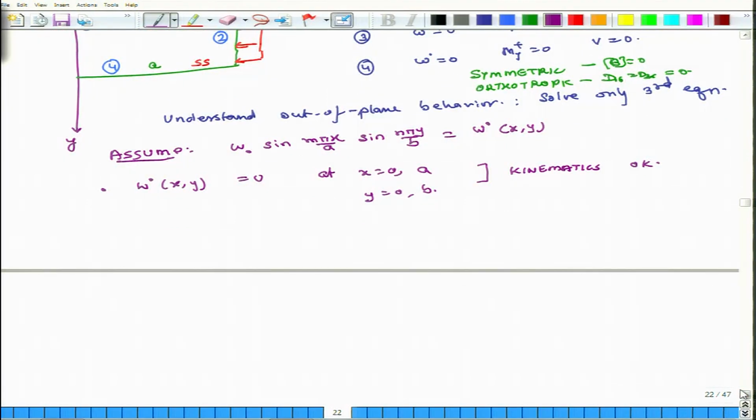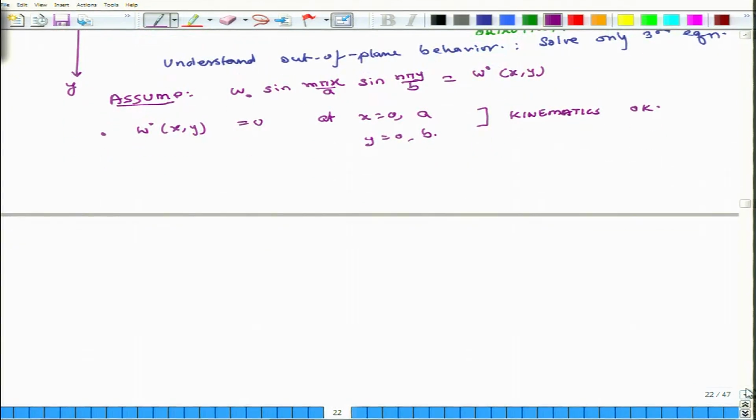Then we have to ensure that the moment related boundary conditions on the 4 simply supported edges are also 0.